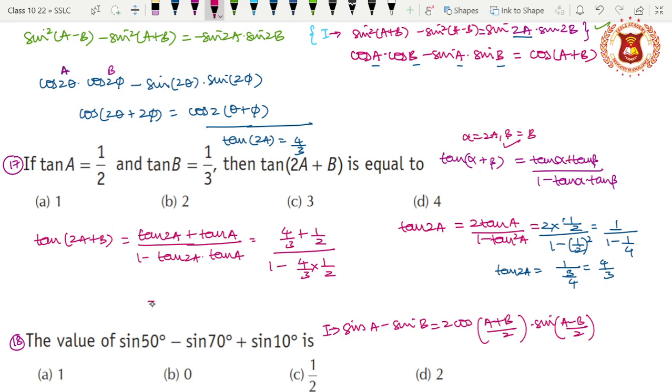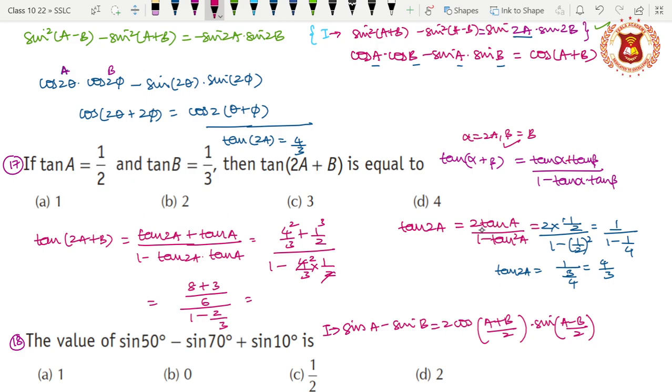Now let us take the LCM here. The LCM is 6 here. 3 2s are 6, 2 3s are 6, 4 2s are 8, plus 3, whole divided by 1 minus 2 by 3 is equal to 8 plus 3 is 11. I think there is some mistake here.